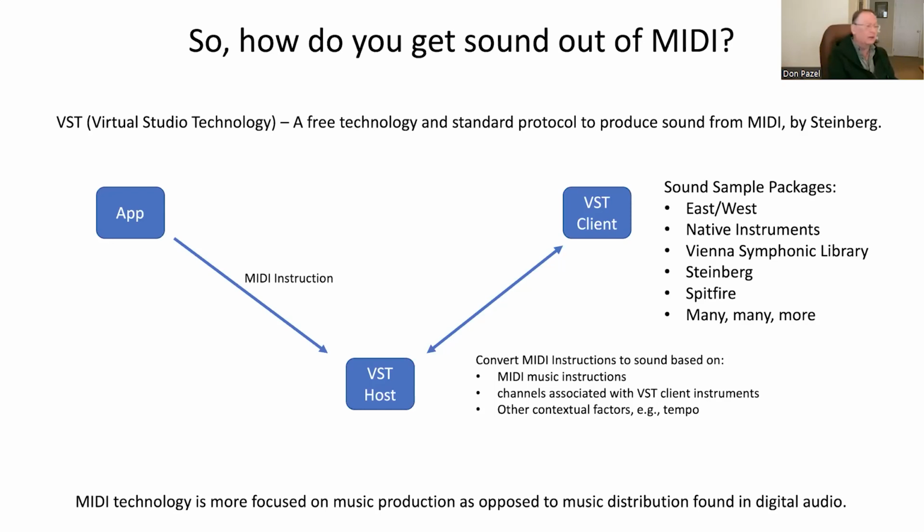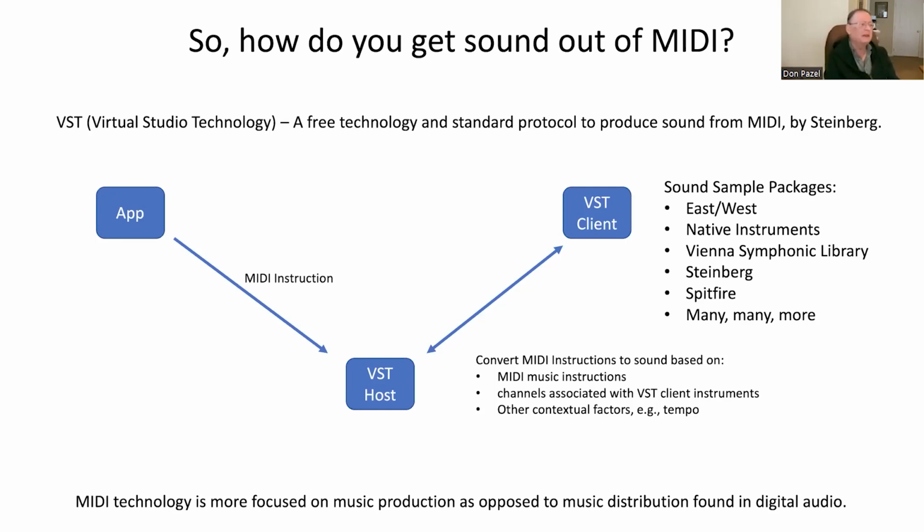East-West is one of my favorites. It has enormous numbers of instruments that you can take, even choirs. Native Instruments is very well known for their sound samples, be it piano or anything else. Vienna Symphonic, Steinberg itself, Spitfire.